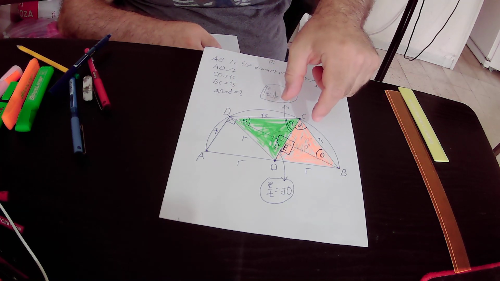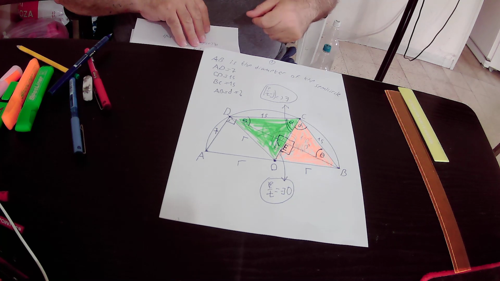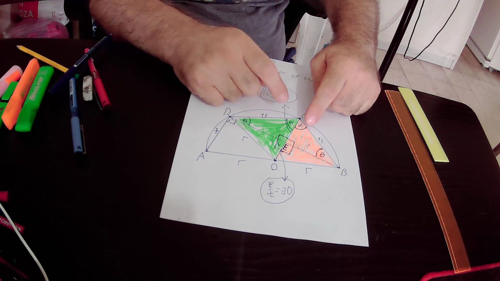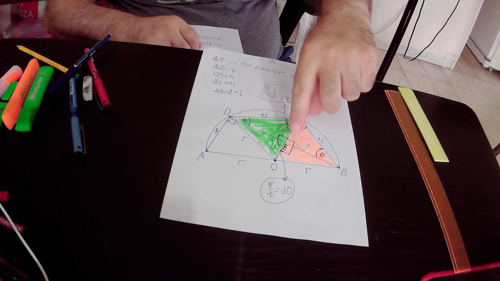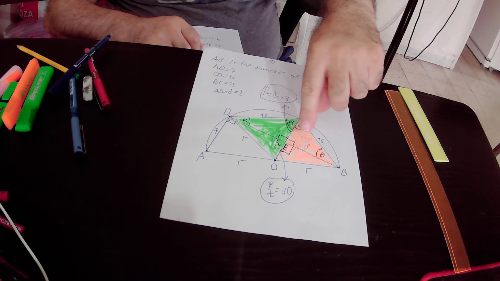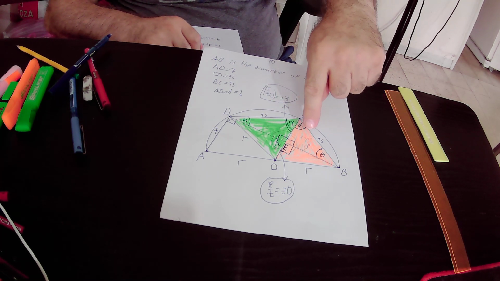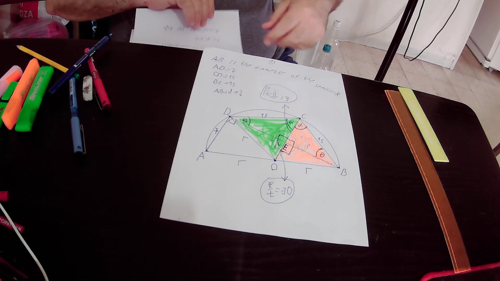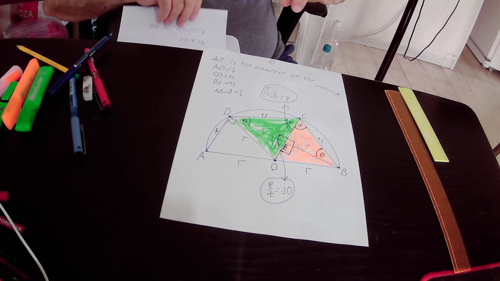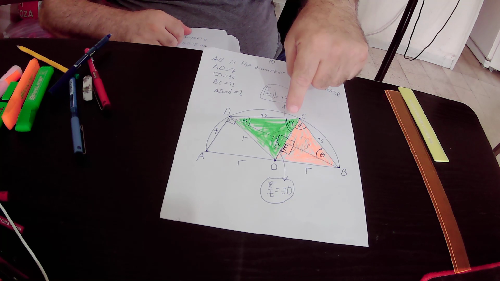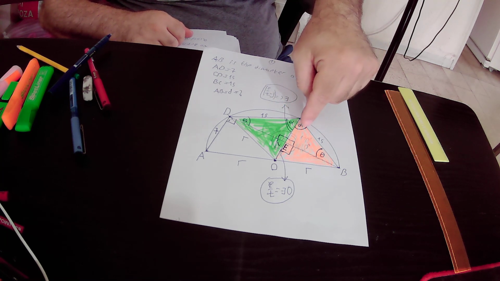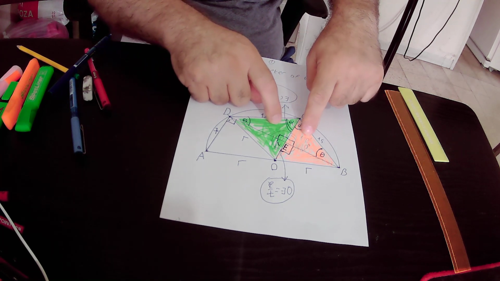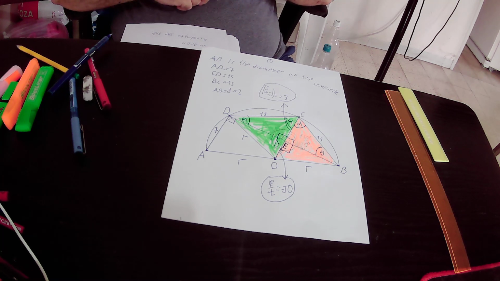Both those two sides are equal to 15 units, and also those two angles are equal to each other, and also OC is a common side, and it belongs both to the orange triangle and to the green triangle, so OC equals OC. So we actually proved that two sides and the included angle of the green triangle are equal to two sides and the included angle of the orange triangle. Therefore, we proved that those two triangles are congruent according to the side angle side rule.